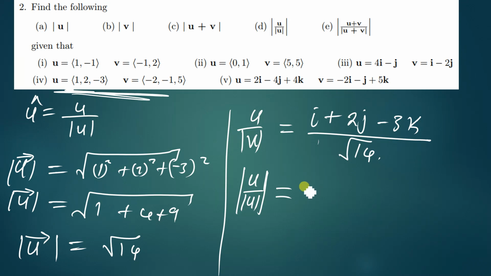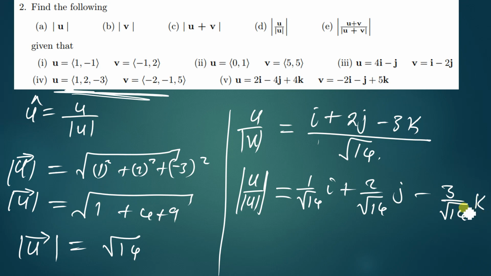So I can say 1 over the root of 14 i plus 2 over the root of 14 j plus minus 3 over the root of 14 k. So this is not the magnitude, rather this is just a unit vector. I've just split the terms.